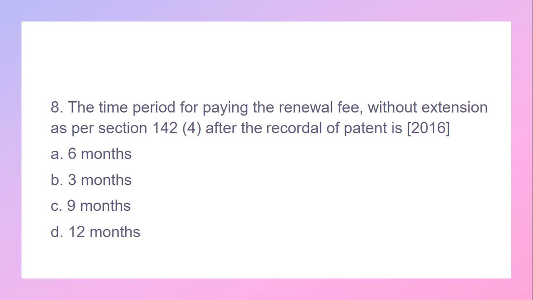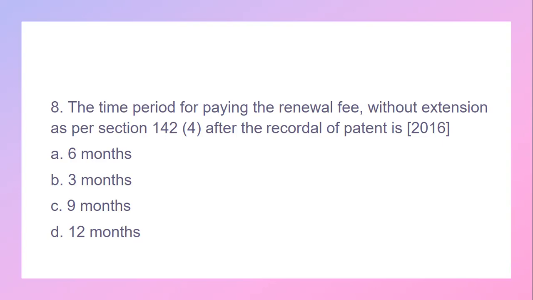Section 142 talks about fees. Section 142 says that there shall be paid in respect of grant of patents and application therefor, and in respect of other matters, and the office shall not do that act until the fees have been paid.